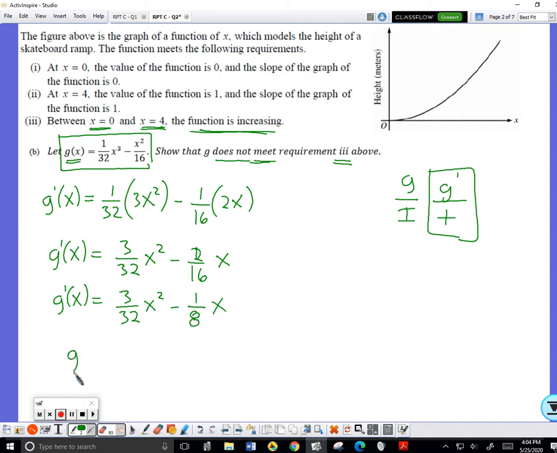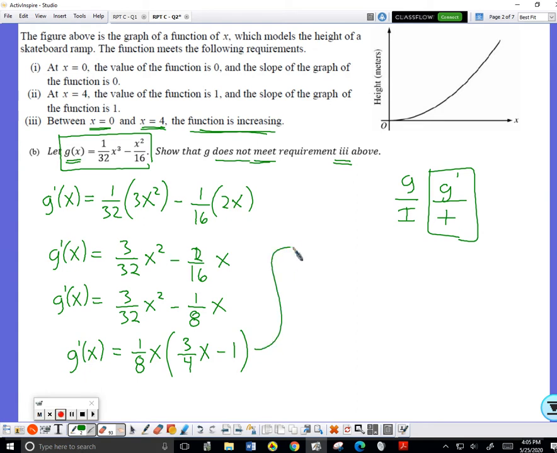So we factor to see what's going on a little bit more easily. We can take out a 1/8 x. That's going to leave 3 over 4 times x minus 1.